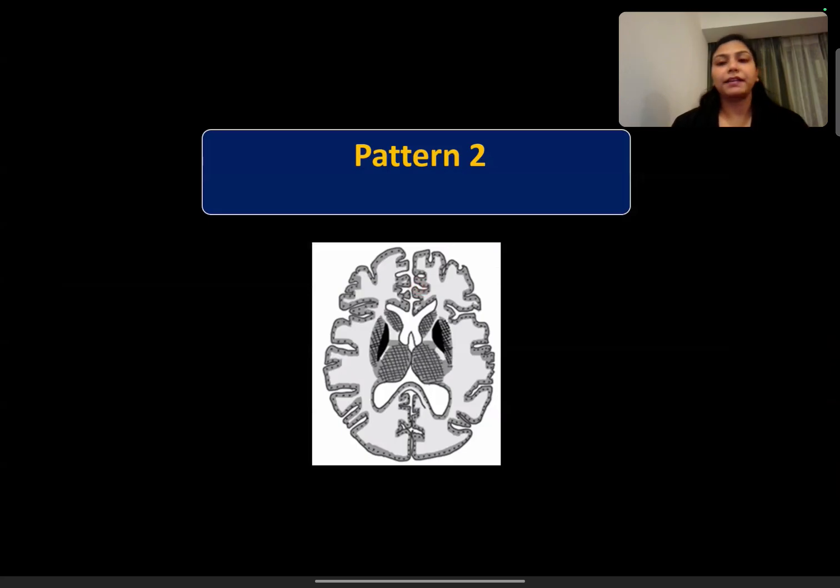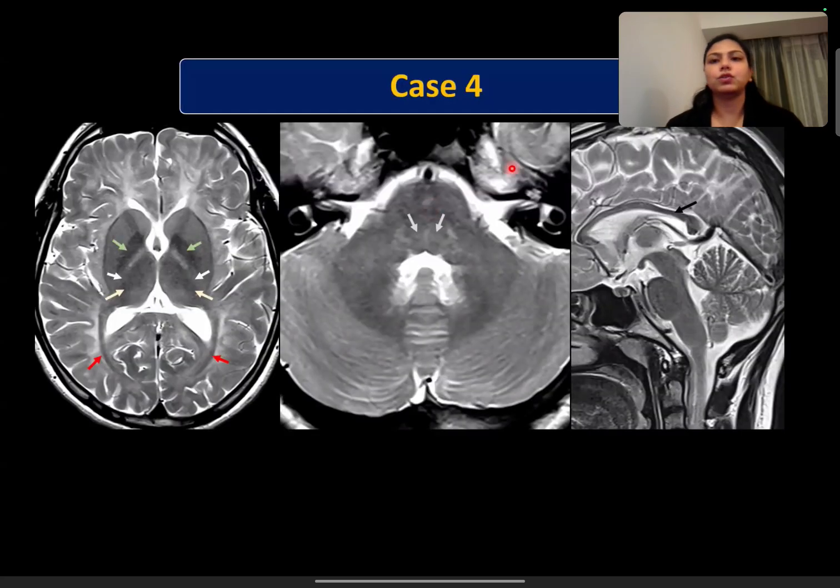So the first pattern was diffuse hypomyelination. Now the second pattern is this case. What are your views on this case? This is a child. I'll give a clue before that, if you can crack this case. We are seeing diffuse hypomyelination, but there is sparing of certain structures.